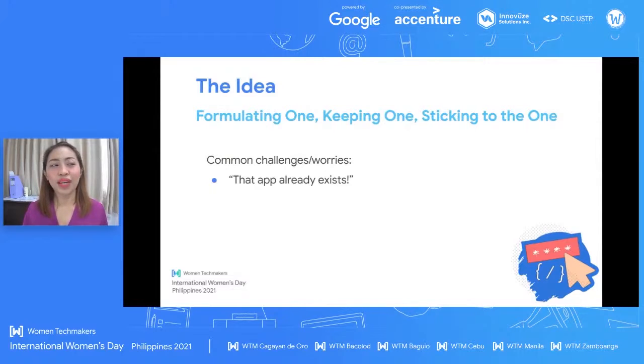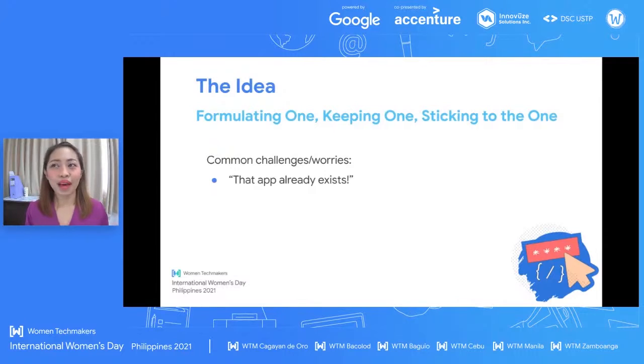Of course, if you do exactly the same application, then it might be questionable. But the question should really be, what is the difference between your idea compared to that app in the market? If you have additional value that you can give to the users or to the public, then it's good to pursue that app idea, even though similar ones exist.